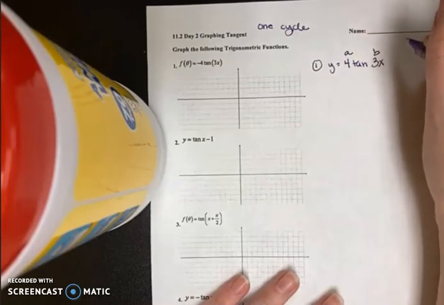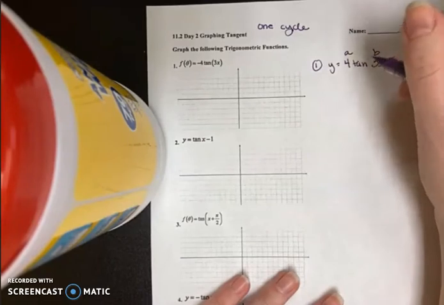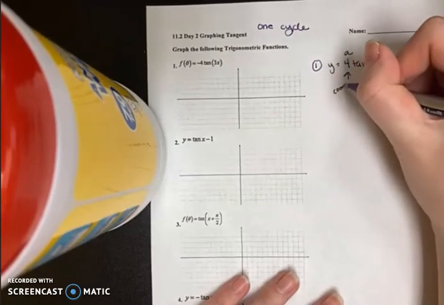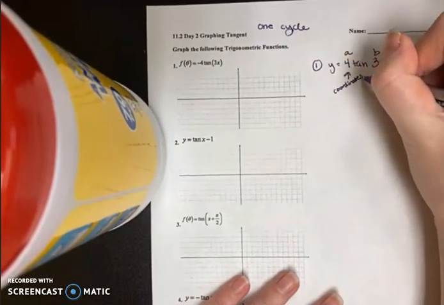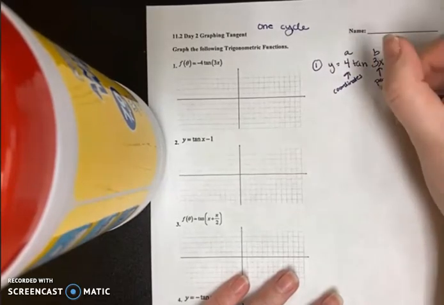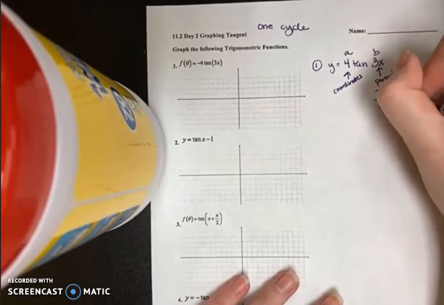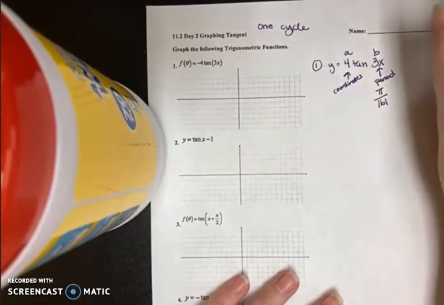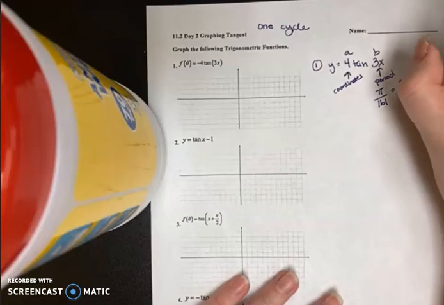Remember how this impacts the graph. A impacts the coordinates, and b impacts the period. The period is pi over the absolute value of b. So the period for this one would be pi over 3.